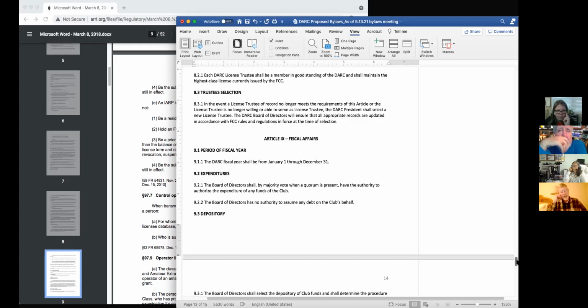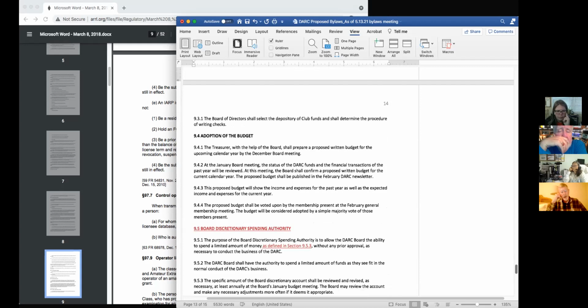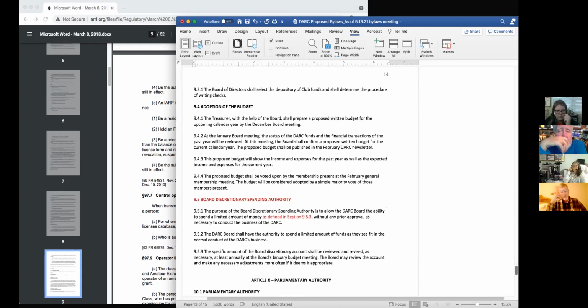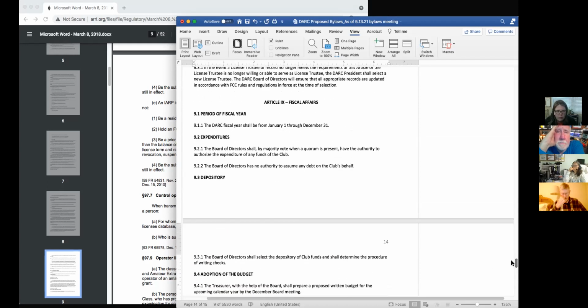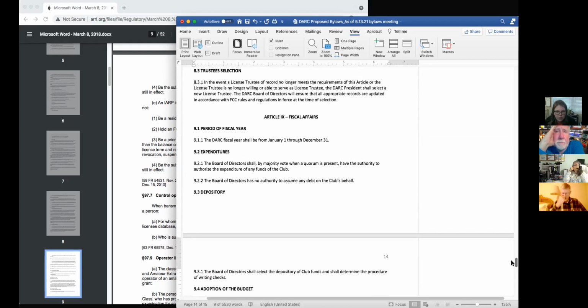But it has to be a majority vote. Or what if we added in the as defined in section 9.5.3 and then clarify in this section that it's the predetermined miscellaneous $2,000 amount? I think the wording can be a little better, but clarify it here and then just have it referred to that section.